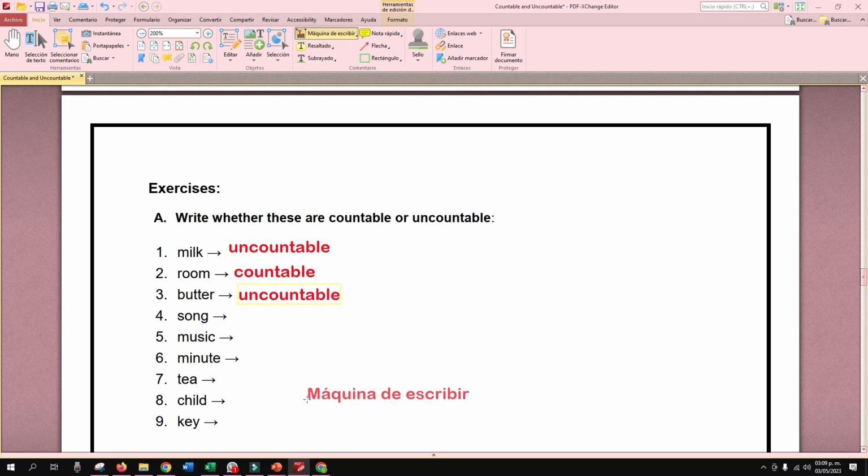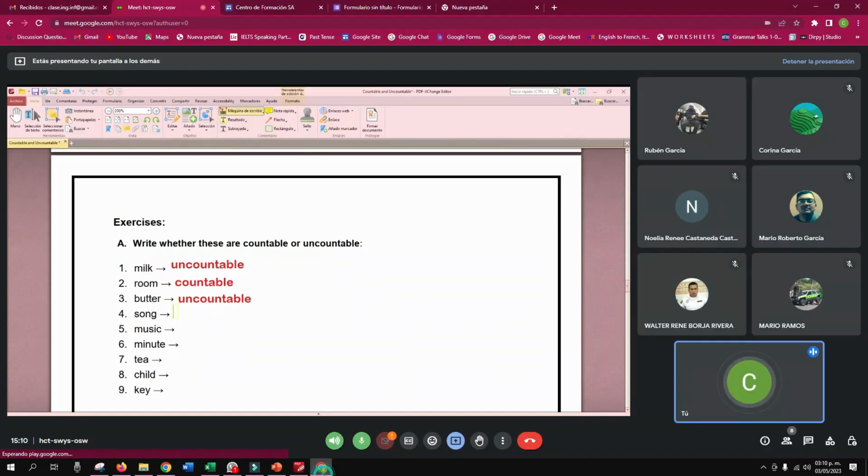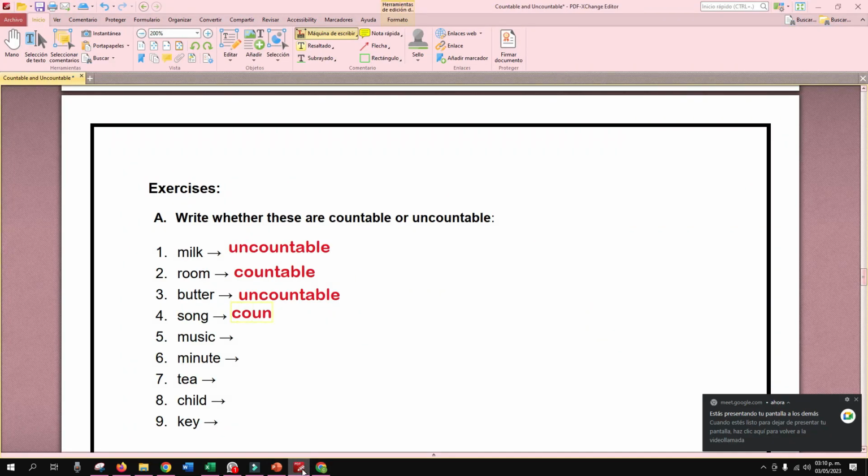Okay. Song. No, song like daughter and son, right? But that is song. Music, right? What do you think about song first? Is it countable? You can say I listen to many songs, right? That's countable.